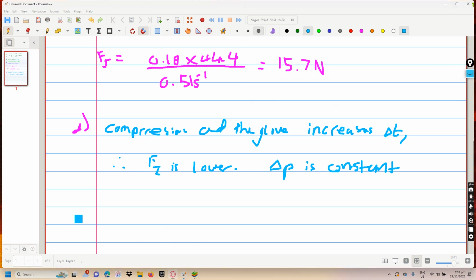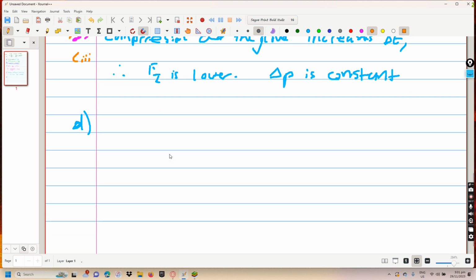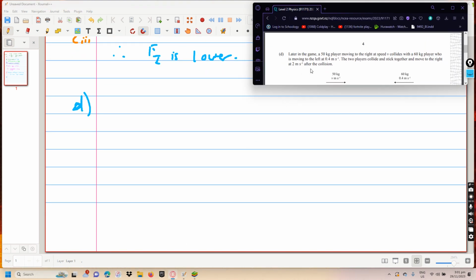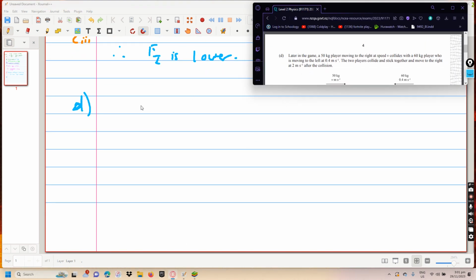And then the last question, the actual question D, this is just CII. Question D, probably the easiest excellence question, but easy to get wrong.